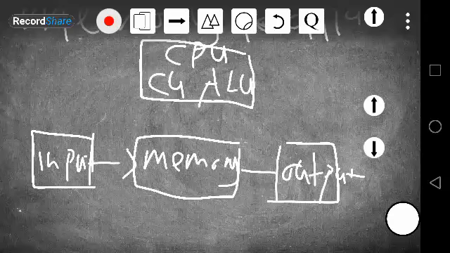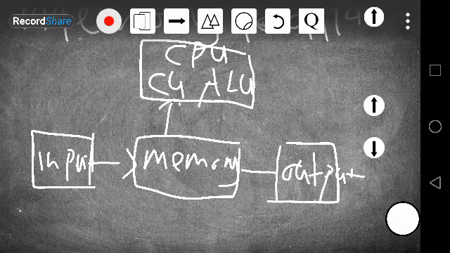This is the von Neumann architecture. So we are saying this one memory chip holds my instructions, what needs to be done.